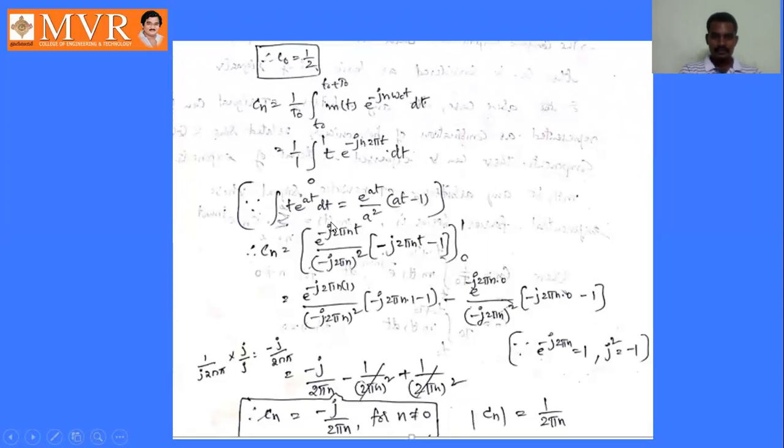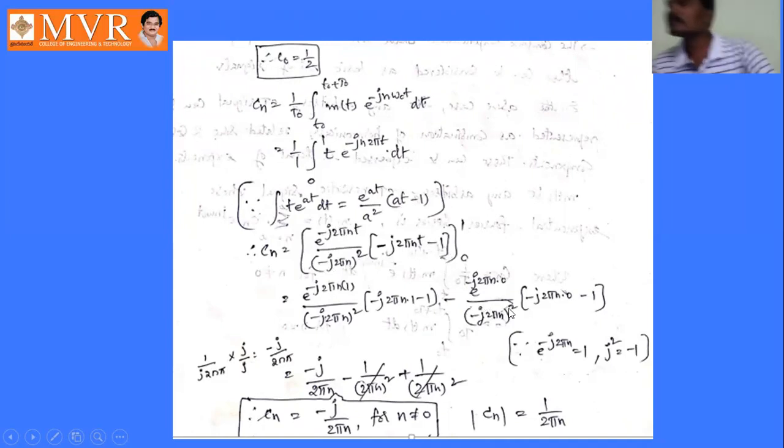So e power minus j n 2 pi t by a square, minus j 2 pi n whole square, into at minus 1, that is minus j 2 pi n t minus 1, with the limits 0 and 1. So substitute t equal to 1, and similarly t equal to 0 here.